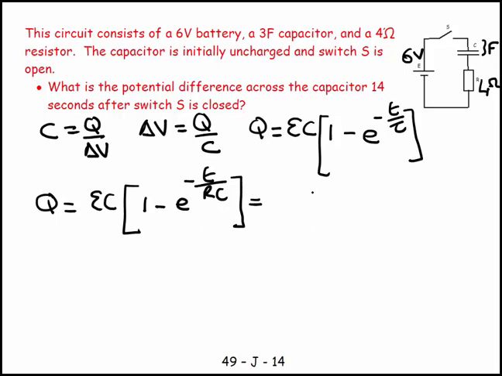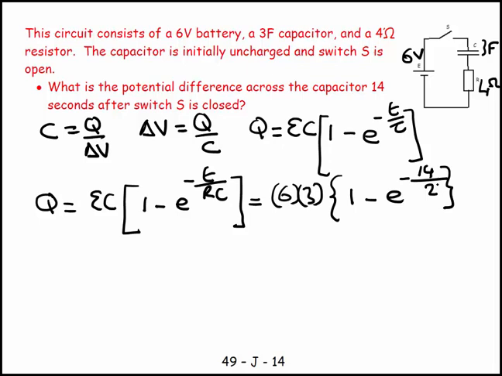Let's put some numbers in. This is going to be 6 times 3, times 1 minus e to the minus t, where t is 14 seconds, over RC. R is 4 and C is 3, so RC is going to be 12.